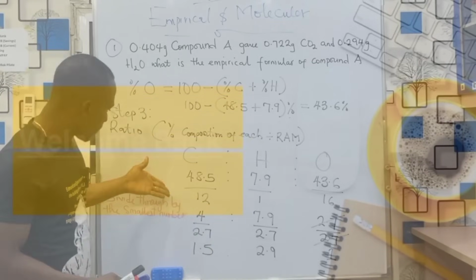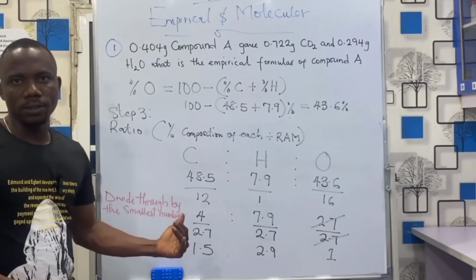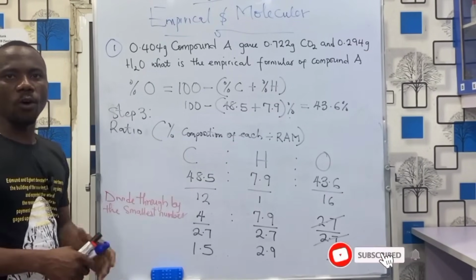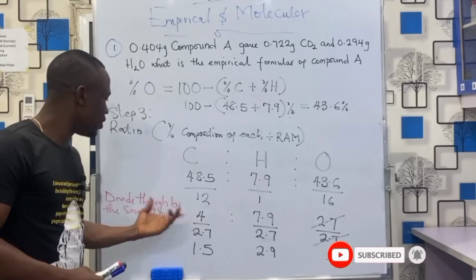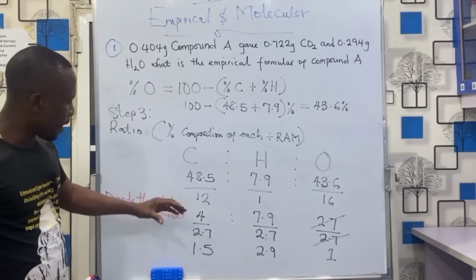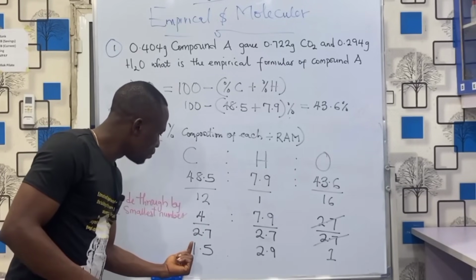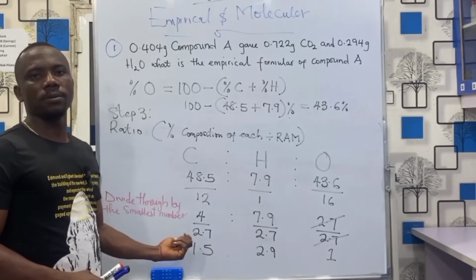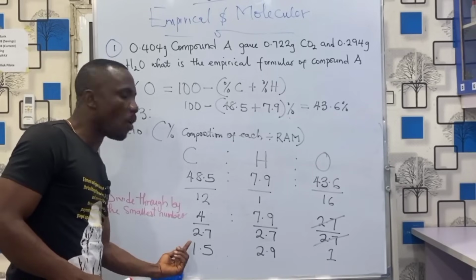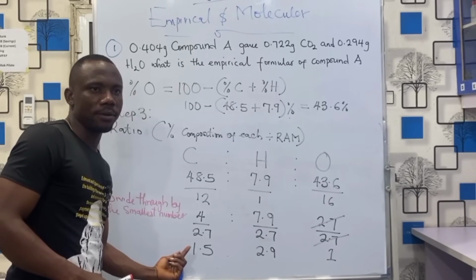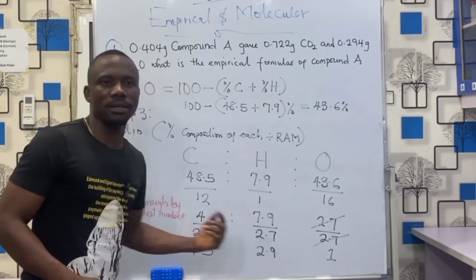Getting to this point where the decision depends solely on the fraction you have at the end of your division, looking at these fractions, we already know that we cannot round up 1.5, knowing too well that if we multiply 1.5 by a whole number of 2, we are going to get 3.